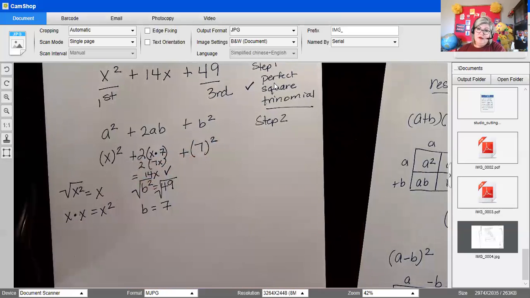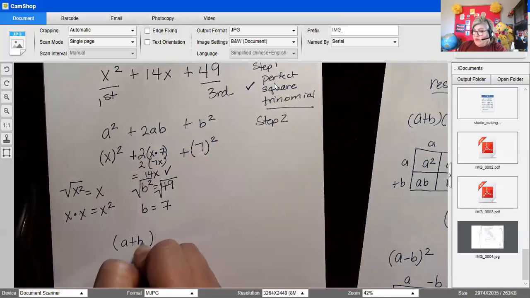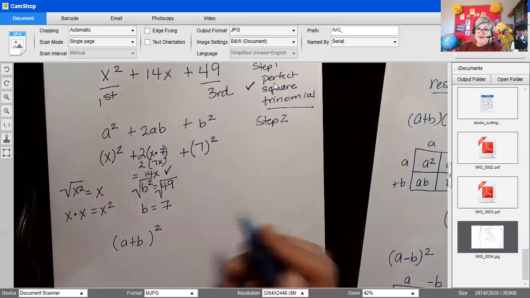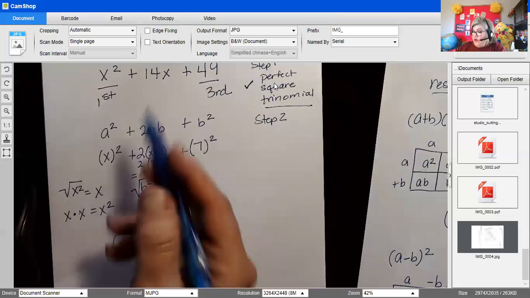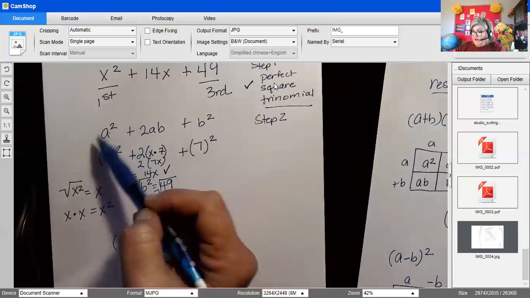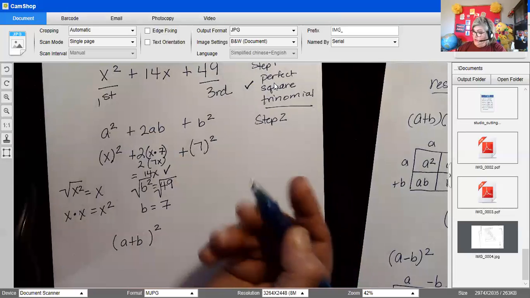Check. Since that checked out, we know that now we can factor it without having to go through the entire puzzle. We can factor it simply by saying a plus b, squared. Well, we've already identified our a. Our a is x, because a squared is x squared, which is that first term.